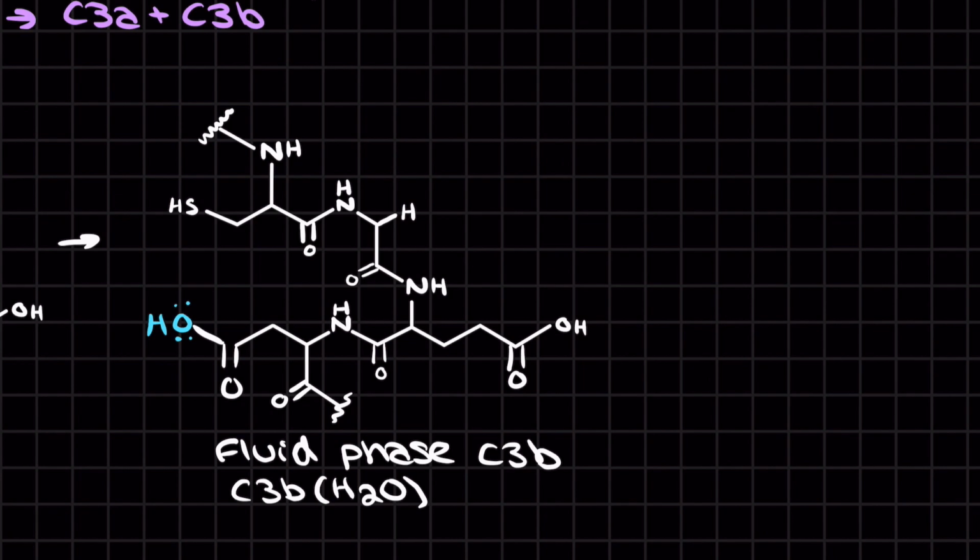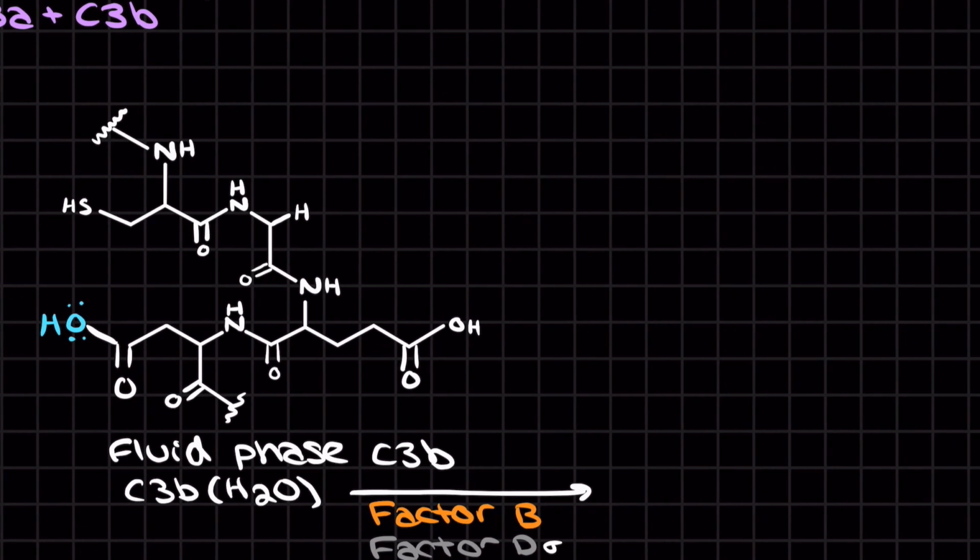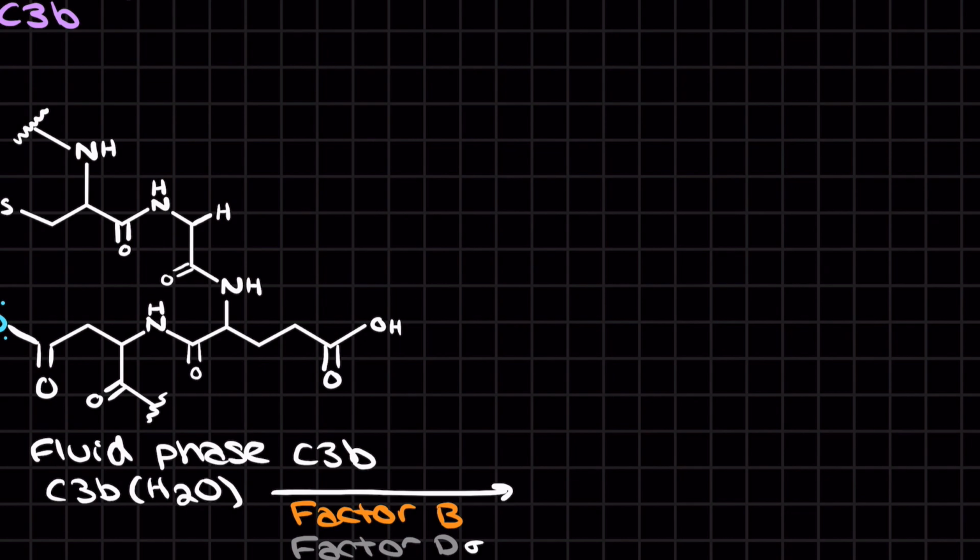We have the formation of fluid phase C3b, and this can then interact with factor B, which is then cut by factor D and MASP3. And what this leads to is this formula here.